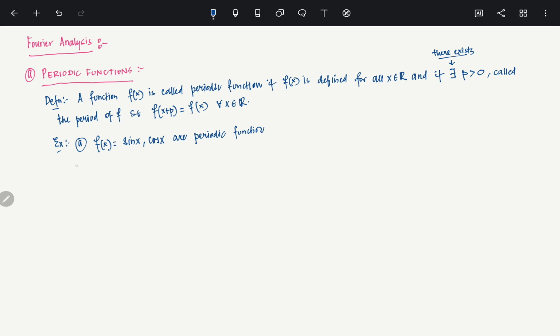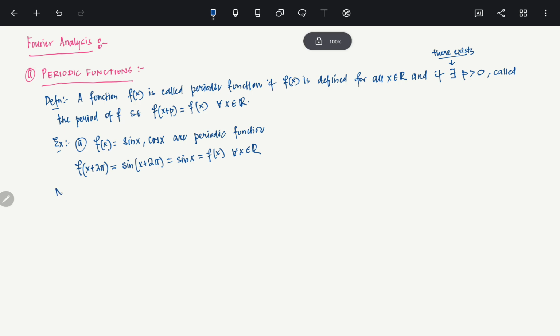If you have f of x plus 2 pi, after 2 pi the function repeats itself. Sine of x plus 2 pi is again sine of x, which is f of x, and this holds for all x in R. So sine x is a periodic function, and similarly you can show cosine is a periodic function.